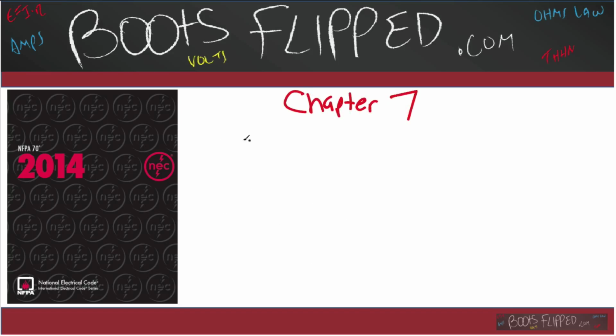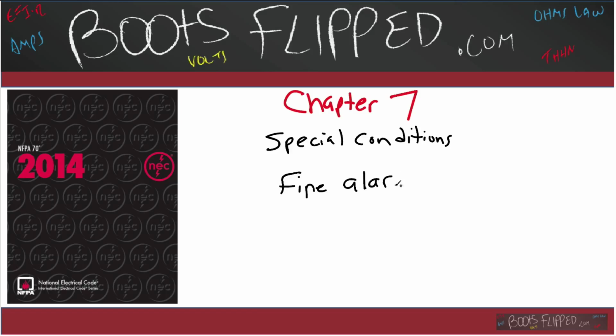Chapter 7 is going to get us into special conditions. Under special conditions, one of the ones that you'll find in here is fire alarm. So if you're working on a fire alarm installation, if you're not doing a residential, anyway, you'll find fire alarm inside of there.